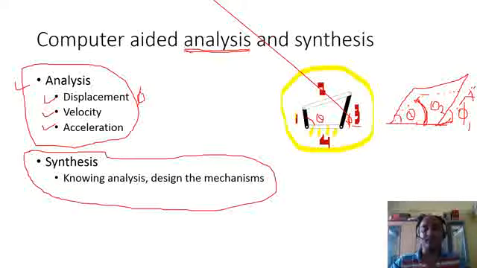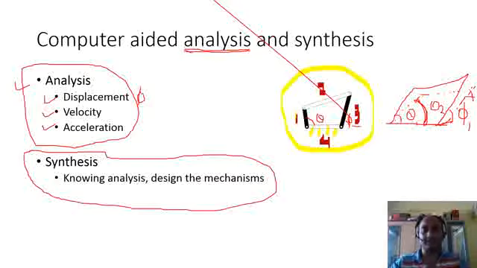But in synthesis, what happens, if your input is displacement, velocity and acceleration, it means that for a particular application we want this to be displacement, this to be velocity and this to be acceleration. So can you design the mechanism? So this reverse way is nothing but your synthesis. So in analysis, we are given the mechanism and we have to find out displacement, velocity and acceleration.